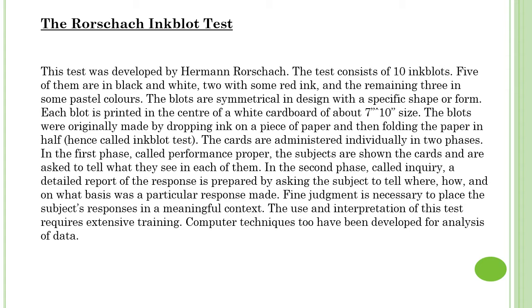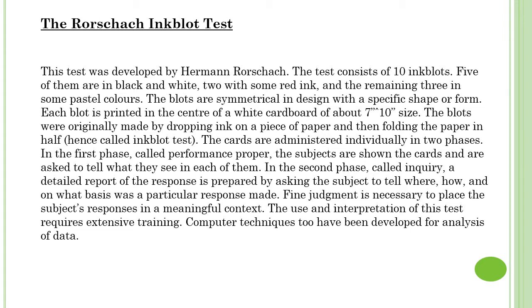Then in the second phase, which is called inquiry, again the 10 inkblot cards are shown to the subject and they are asked what they see, where they see, and on what basis was a particular response made.